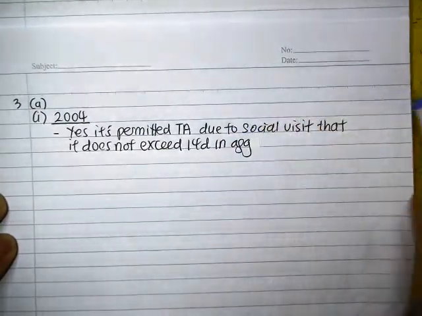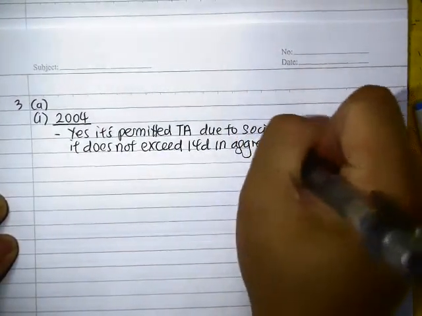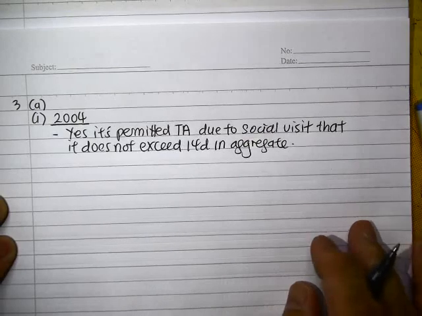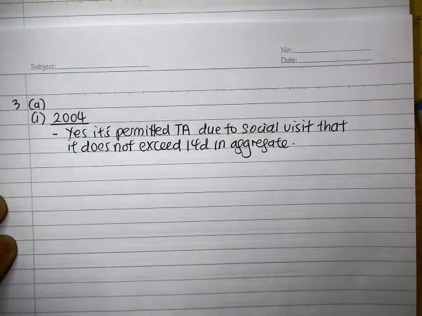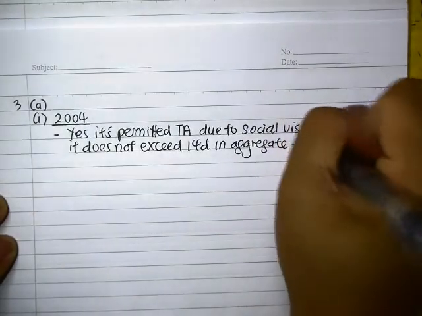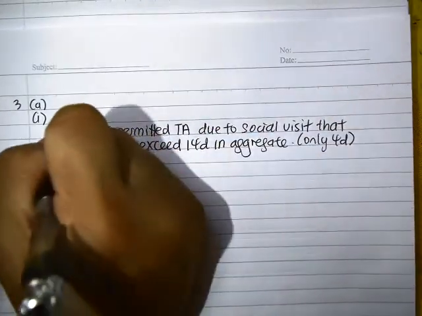Now you need to know that social visit has a limit. So how many days do we have here? 15, 16, 17, 18. So it's only 4 days.